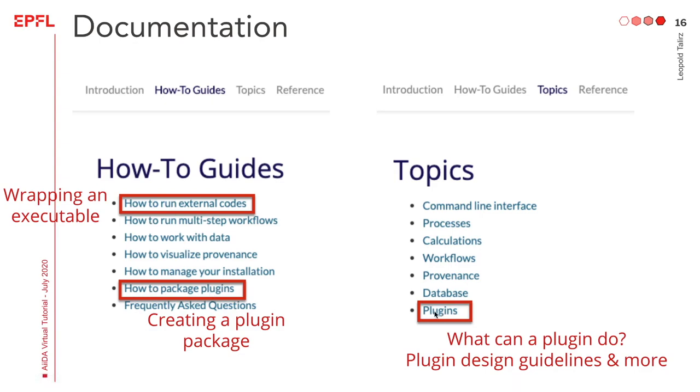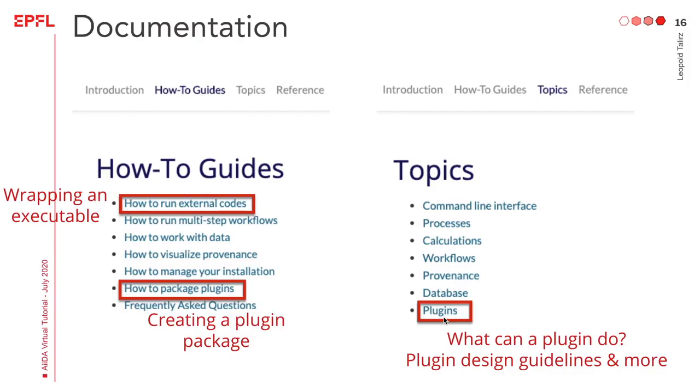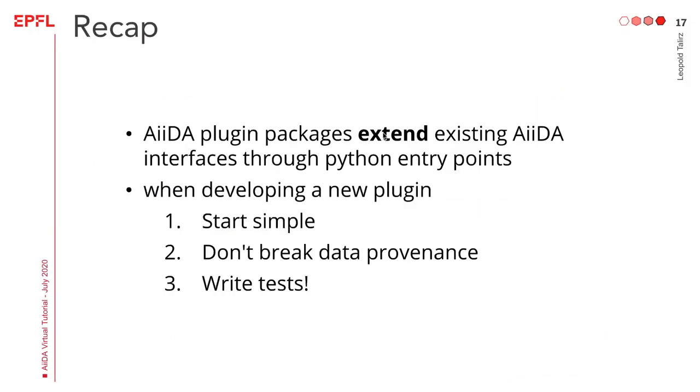And there's a plugins topic, which contains some more in-depth information on plugins, as well as the design guidelines. So to recap what we've learned, AiiDA plugin packages extend existing AiiDA interfaces through Python entry points. And when developing a new plugin, start simple, don't break data provenance, and start early with writing tests, because in the long term, it's going to save you lots.